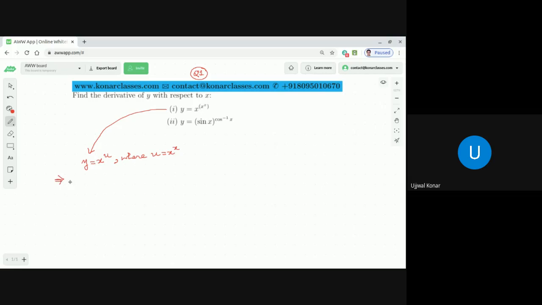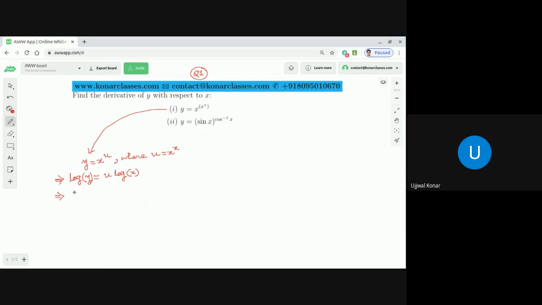Do not worry about the base, it is irrespective of the base. If you take log of x to the power u, that means u log x. Anyone have any doubt? No, right? After that, if you follow yesterday's class, we are going to differentiate with respect to x, correct or not?